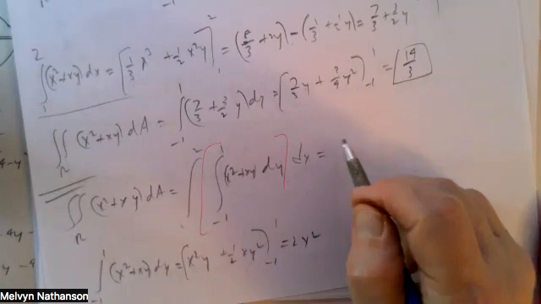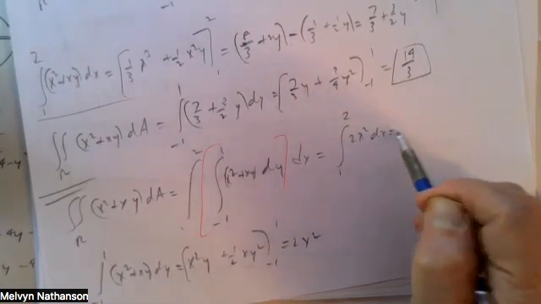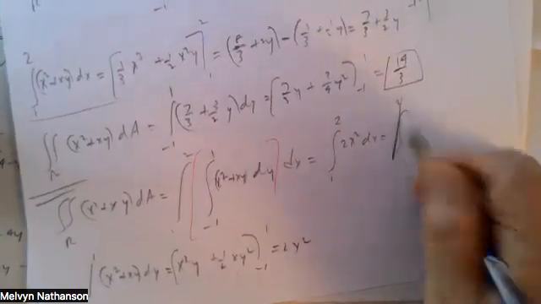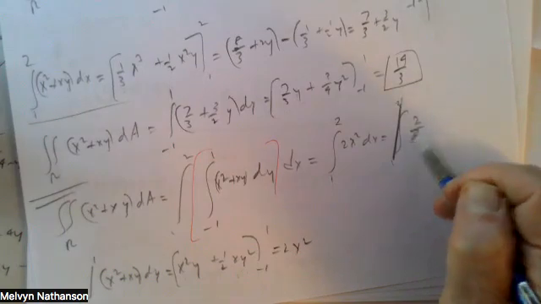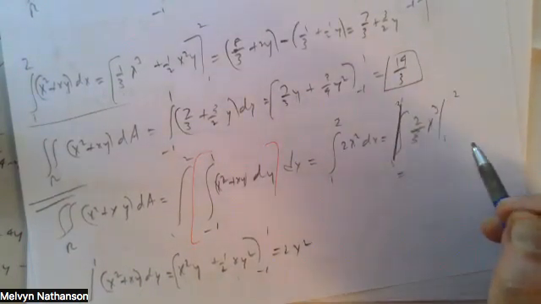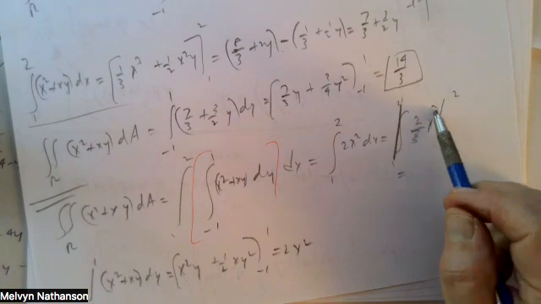So if this is correct, this is the integral from 1 to 2 of 2x squared dx. Sorry, that's 2/3 x cubed from 1 to 2. That's when x is 2, this is 8 times 2.